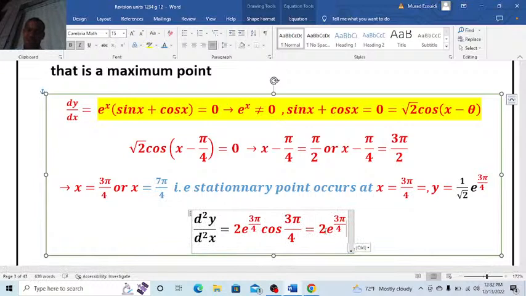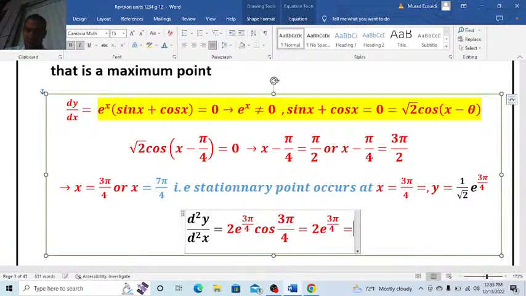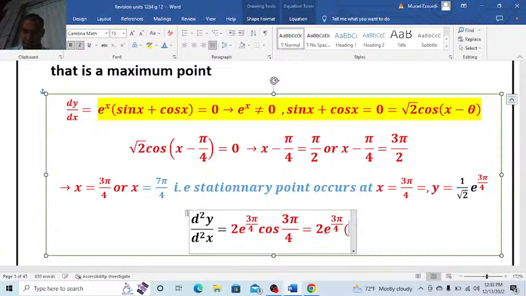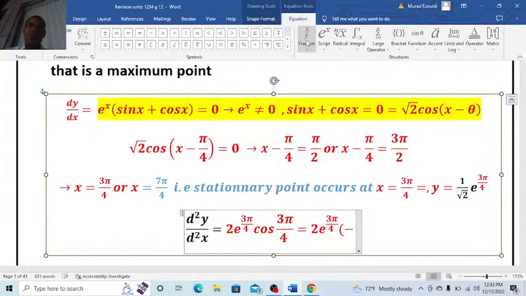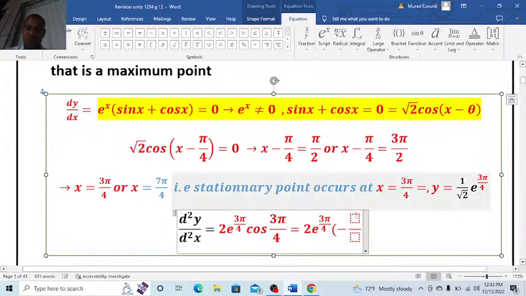Then move to cosine of 3 pi over 4, so it will be negative 1 divided by root 2. Negative, between parentheses, negative 1 divided by root of 2, minus 1.